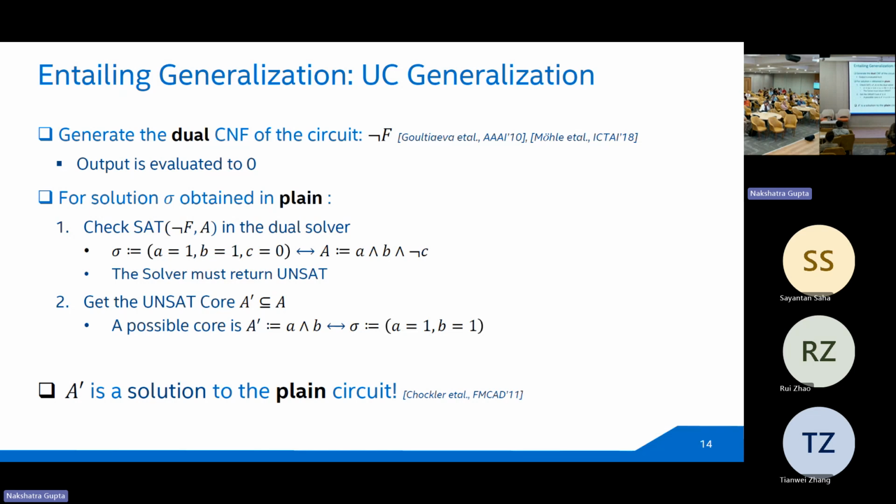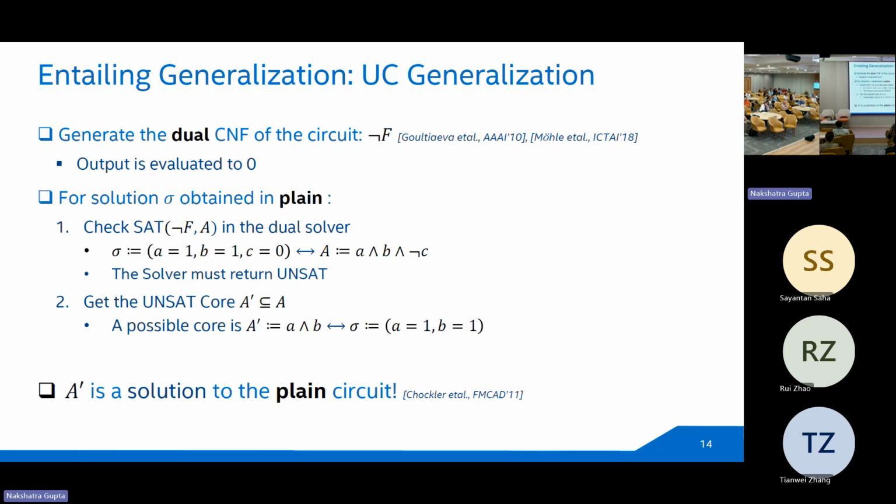So first, we need to generate the dual circuit of our original plain circuit. So the dual circuit is the same circuit, but now we evaluate the output to be 0 instead of 1.